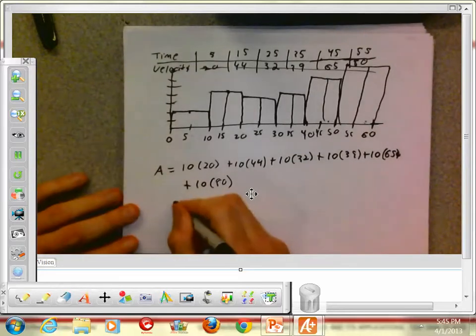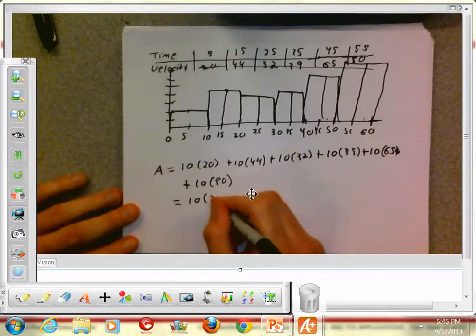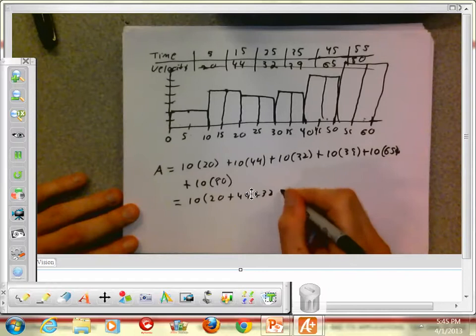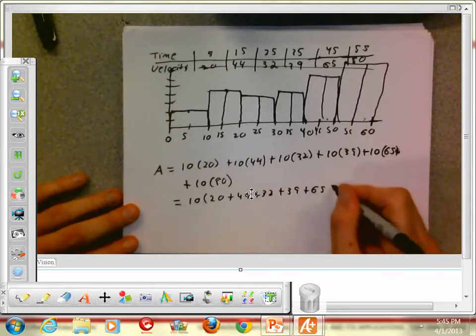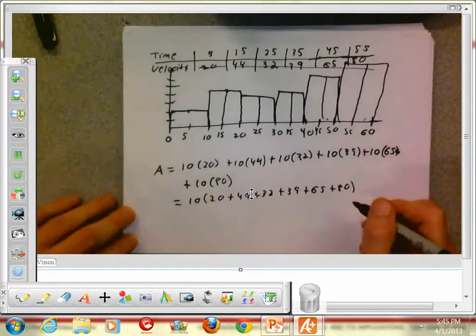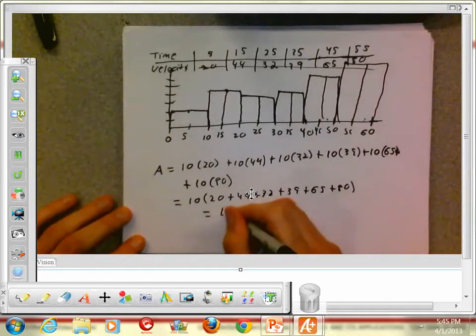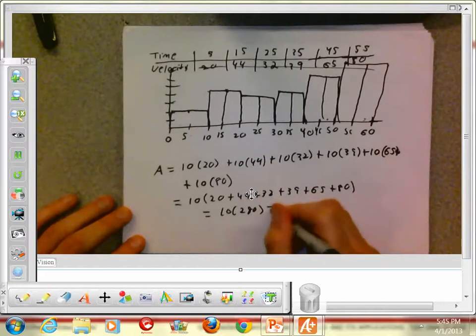So we can factor this out, and this is just going to be 10 times 20 plus 44 plus 32 plus 39 plus 65 plus 80, right? And if we sum all these up, we're going to get 10 times 280, which is equal to 2,800.